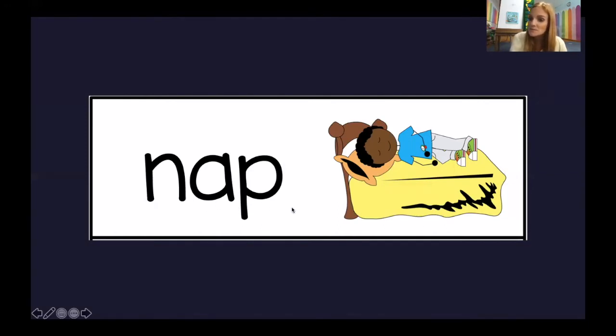Nap. Sleeping in the afternoon or sleeping only for a short time is called nap. Same like you saw in the title. The napping house. You can see nap, napping. That means in the house they like to nap or they like to sleep.